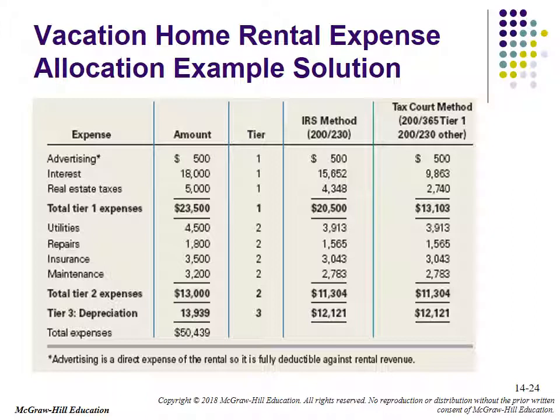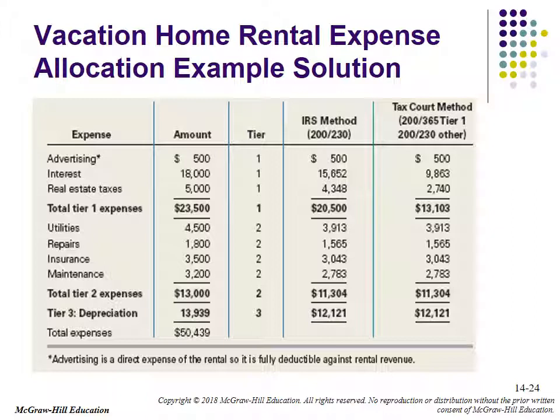Calculate your deduction under the IRS method, which says take the number of rental days over the total number of days: 18,000 times the fraction 200 divided by 230. You get 15,652. The same with the real estate taxes. So under the IRS method, Tier 1 expenses allowed as a deduction for the rental portion, which can be subtracted from your rental income, total $20,500.